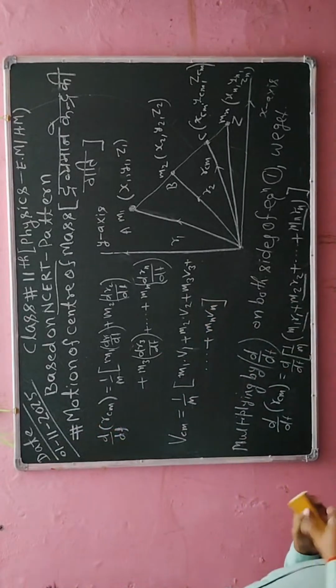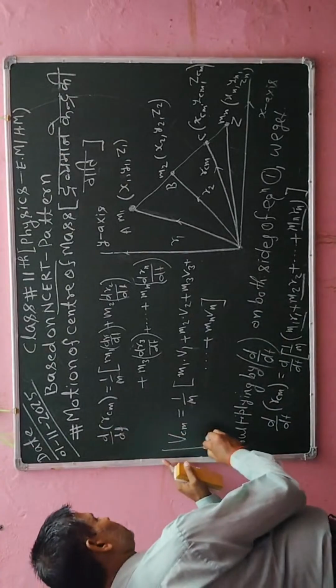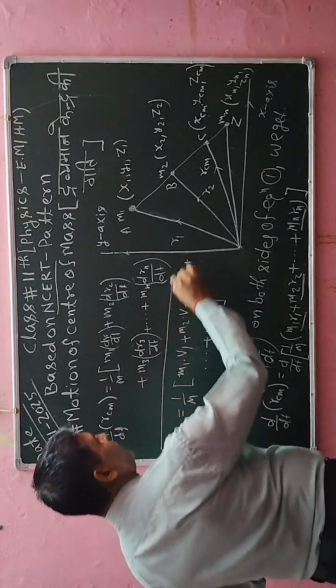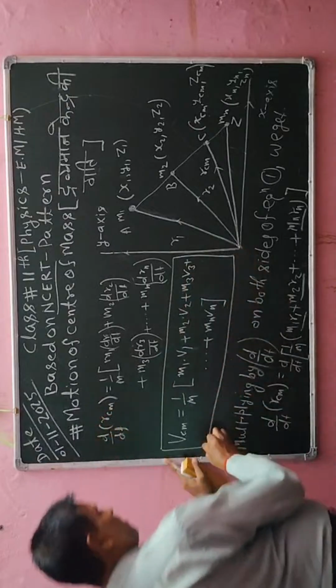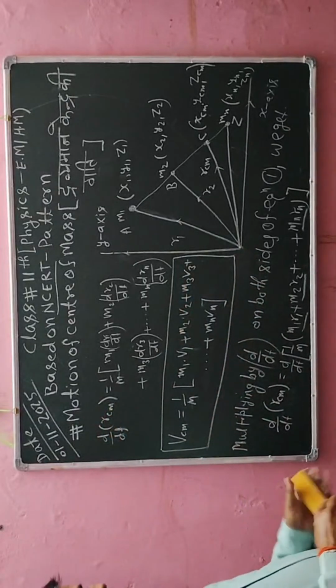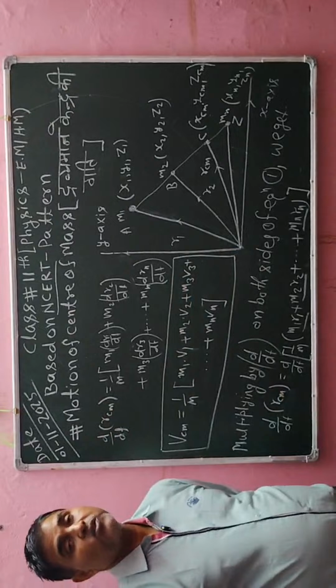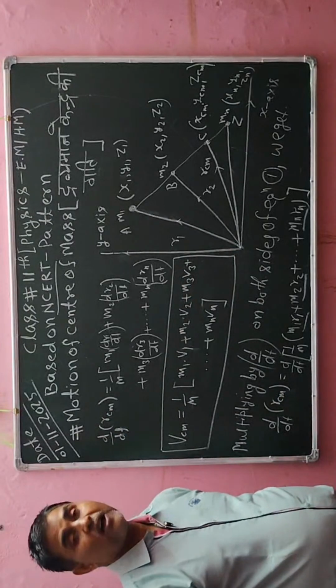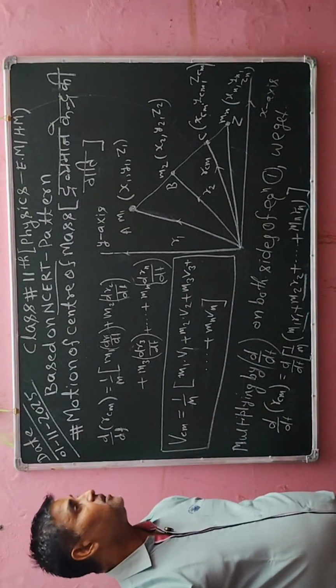This is the formula for calculating the velocity of center of mass of an object. We have to remember this formula positively, and I will also apply it in the numerical.